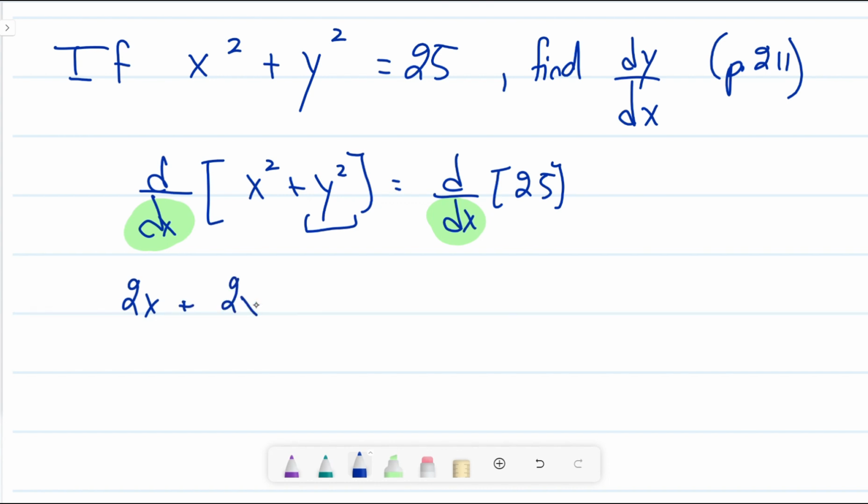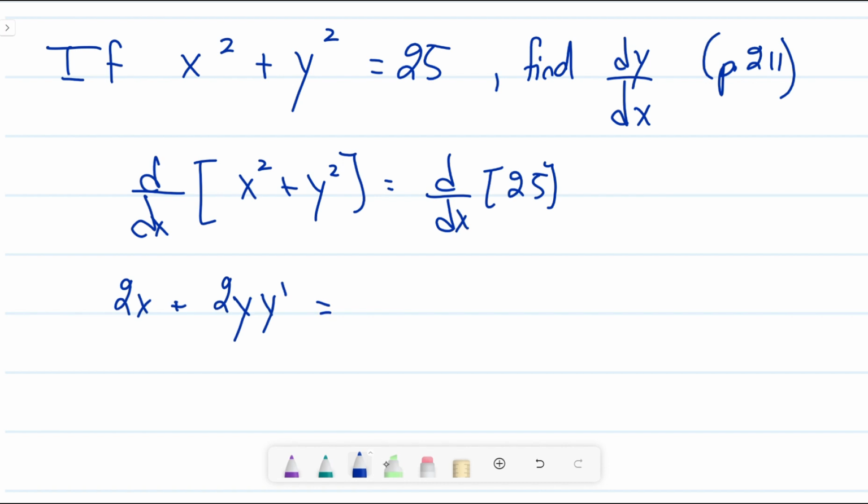So we write 2y because this is the derivative of y squared. However, we also have to multiply it by y prime, or by the derivative of y, because we are differentiating with respect to x and not with respect to y. And finally, the derivative of a constant is 0.